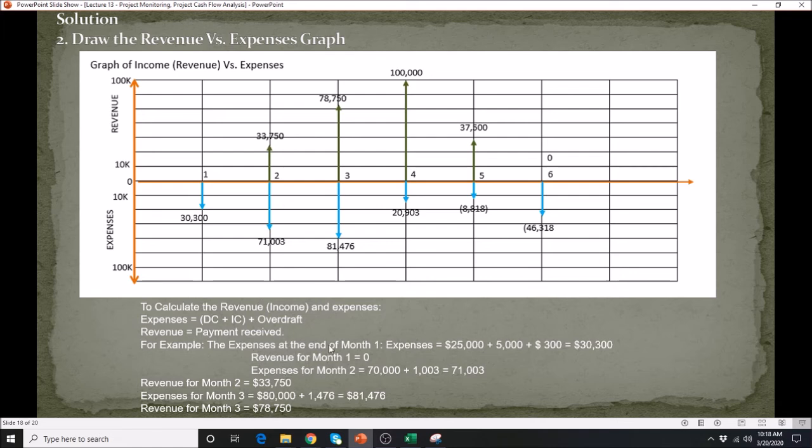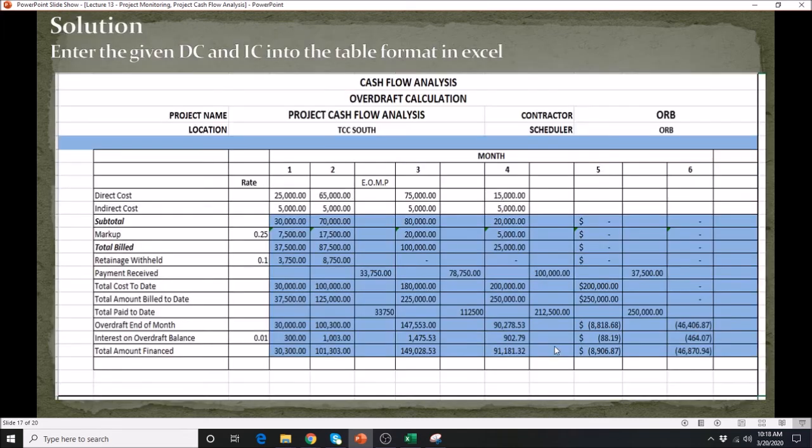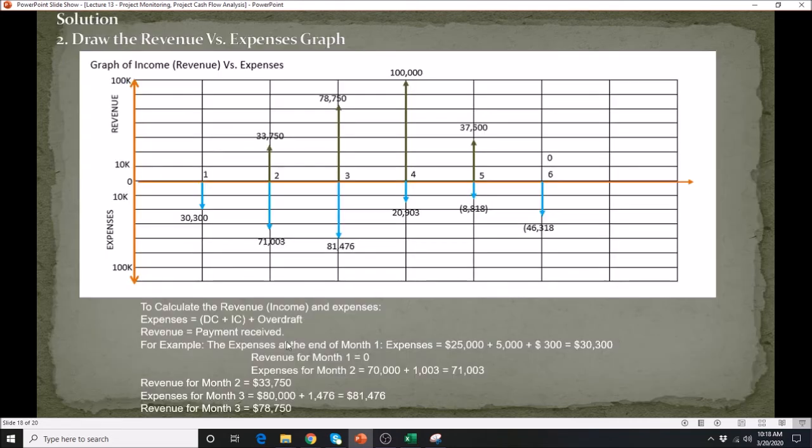So the expenses will be the direct cost plus the indirect cost plus your interest rate. That will give you 30,300, and that goes here.